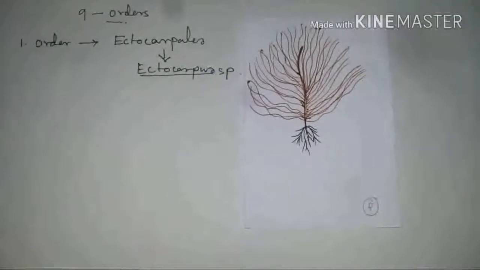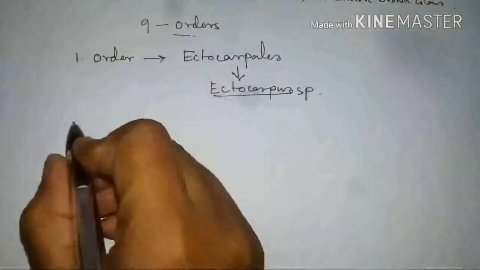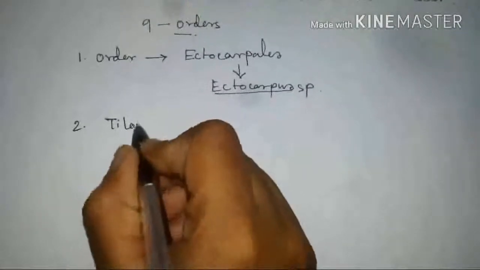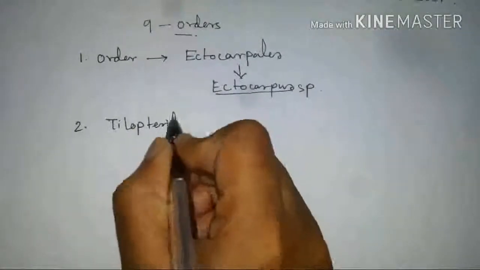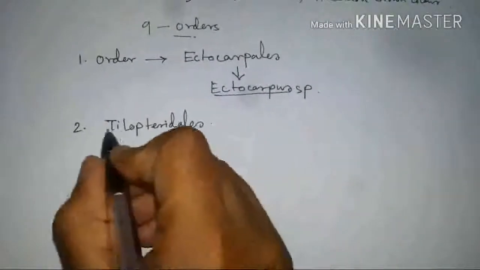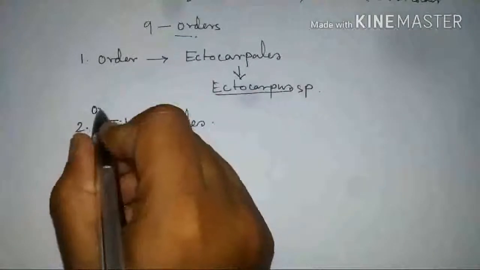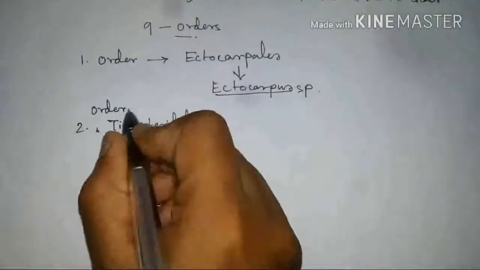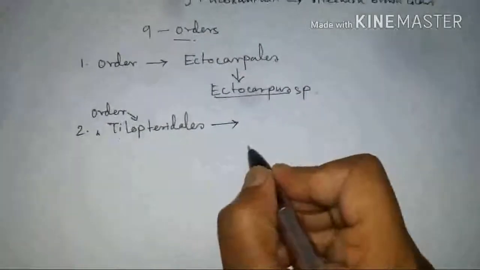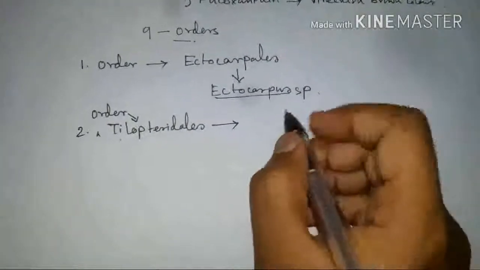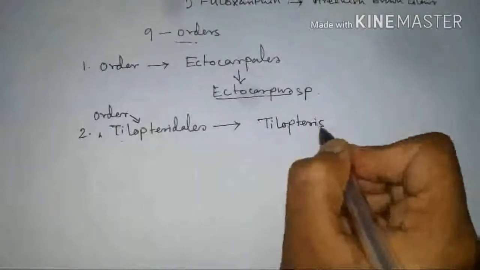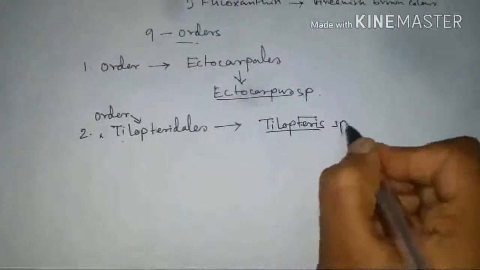Now the second order is Tilopteridalis, and an example of this order is Tilopteris algae.